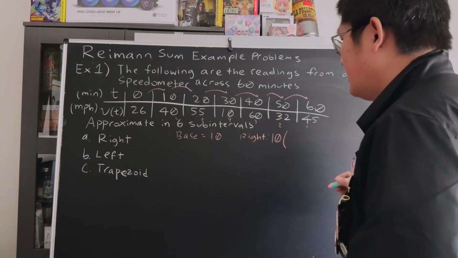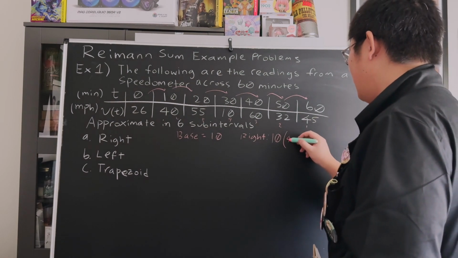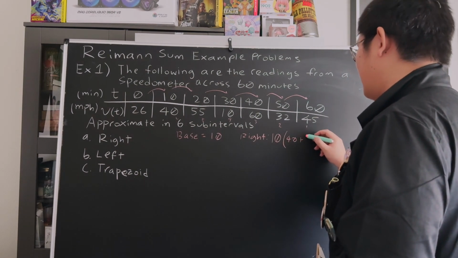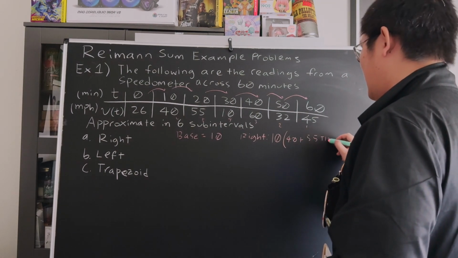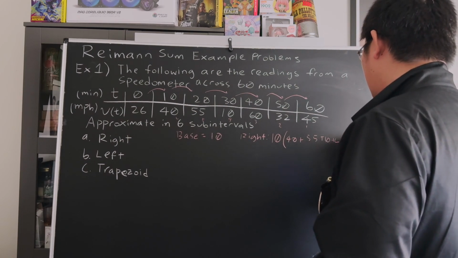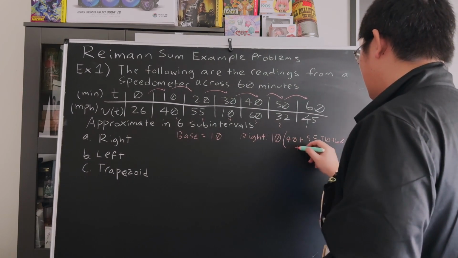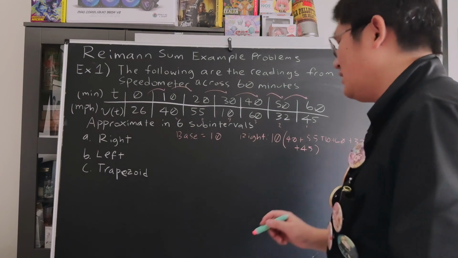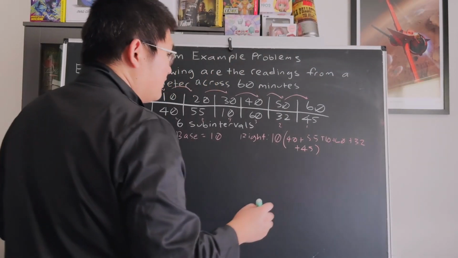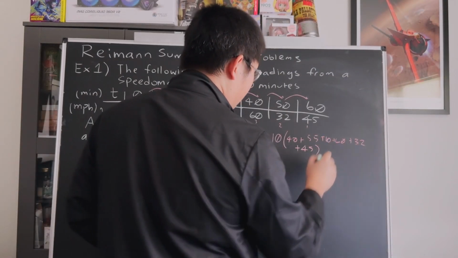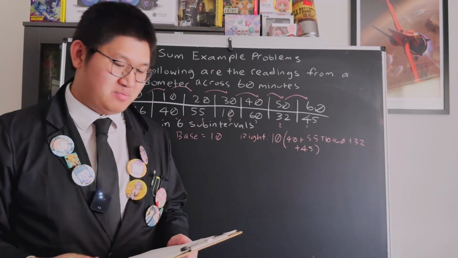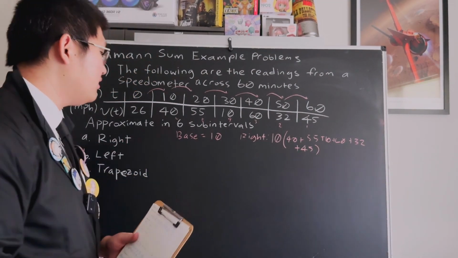So that means we get 40 plus 55 plus 10 plus 60 plus 32 plus 45. We have all those data points jotted down, and we should be able to easily follow along with them.